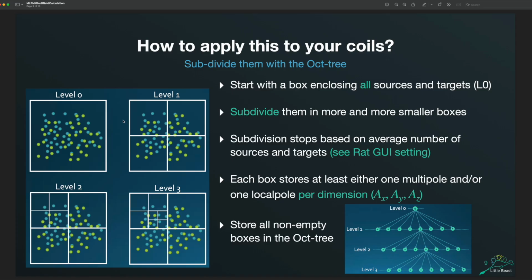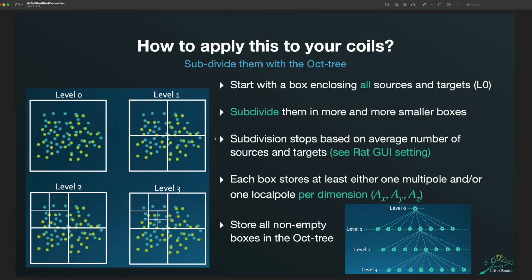And you start at level 0, where you place a massive box around all. This is a 3D box, by the way. You place a massive 3D box around all sources and targets. And then you start to divide them in smaller boxes. Every time you divide them in 4 smaller pieces. This subdivision doesn't continue forever.